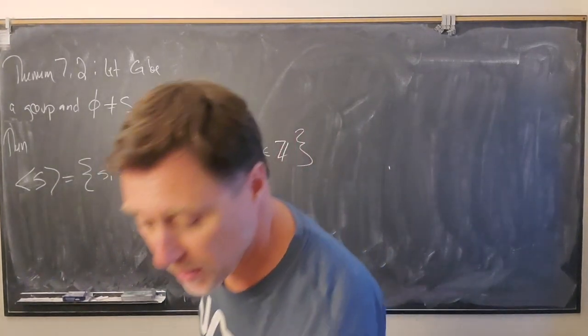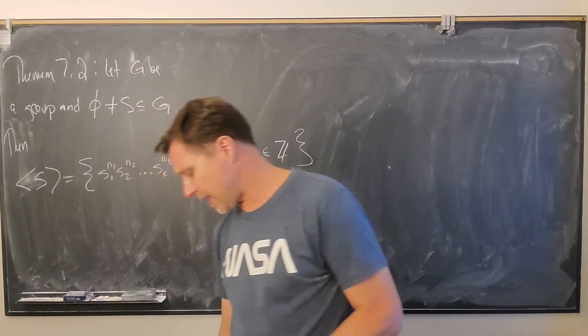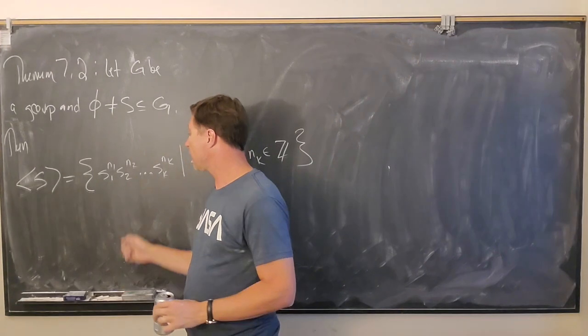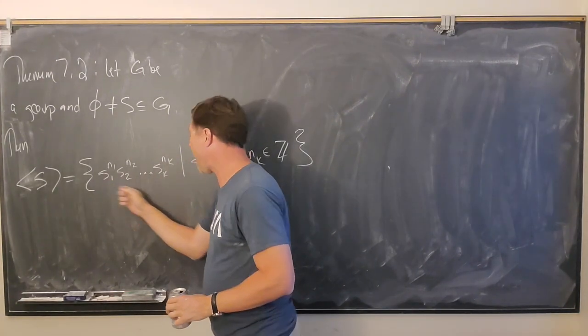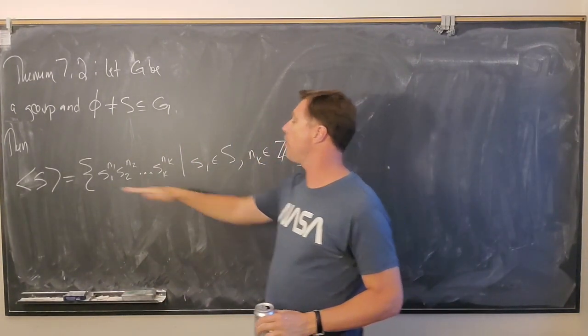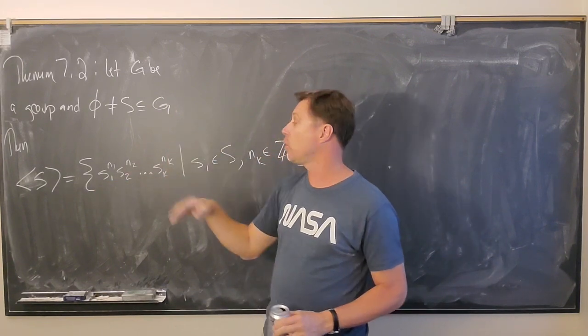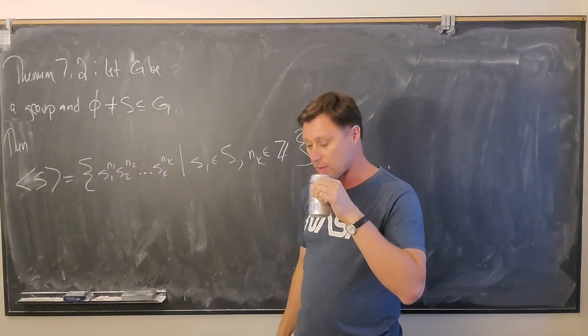So this is a much nicer characterization of the elements that live inside the subgroup generated by S. What do they look like? They look like products of powers of the S's. Take all possible expressions that you can form that look like this, and that's going to give you all the elements in the subgroup generated by S.